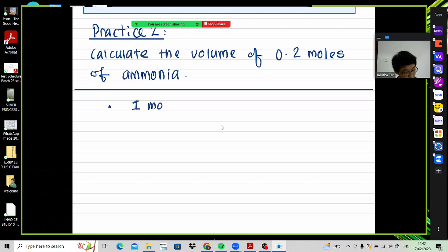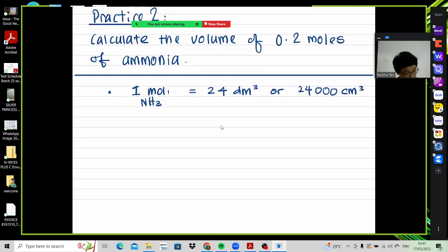1 mole of ammonia. Remember, any gas, whether CO2 just now or ammonia now, is the same. It is going to occupy 24 dm cube or 24,000 cm cube. Now you have 0.2 mole of ammonia.